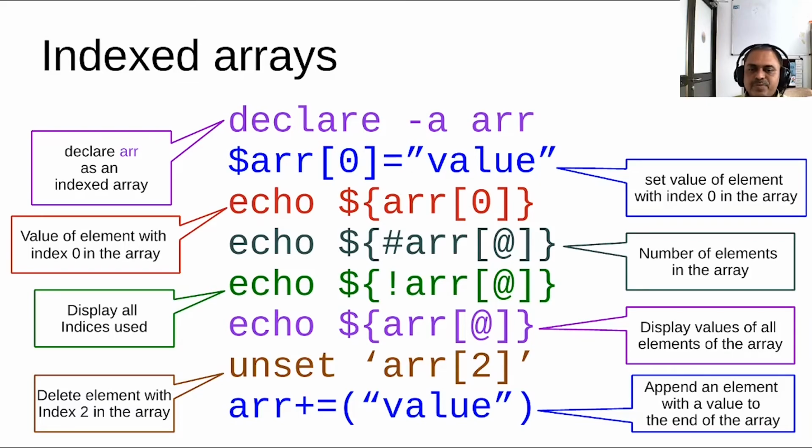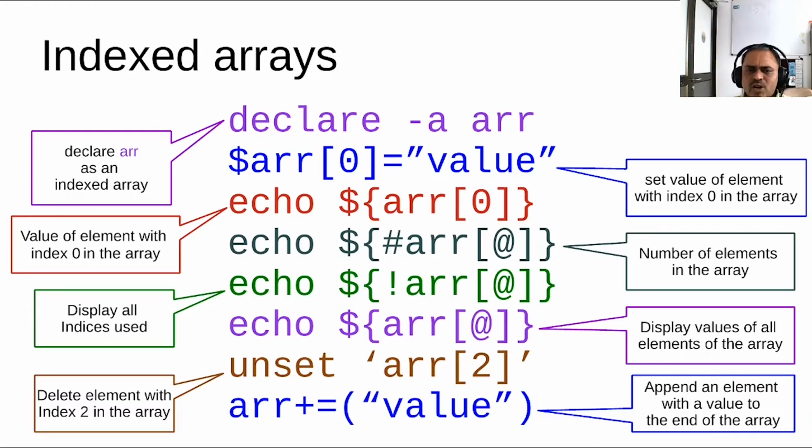used in the array. And you could also list out all the values of the variables stored in the array by simply using the syntax as given here, dollar and within the braces array name, and in the square brackets you give an @ symbol which is like a wild character to run through all the elements of the array.